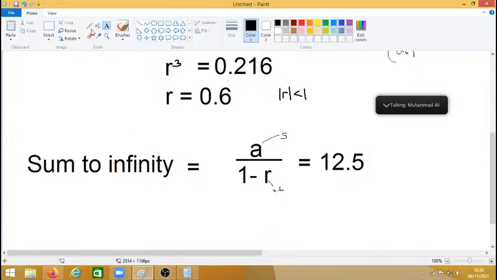And just in case you see it in the exam and you're a bit confused, the sum to infinity can be written as big S, and then the infinity sign. Okay, well done. Sum to infinity is 12.5, and that's geometric sequences, sum to infinity.